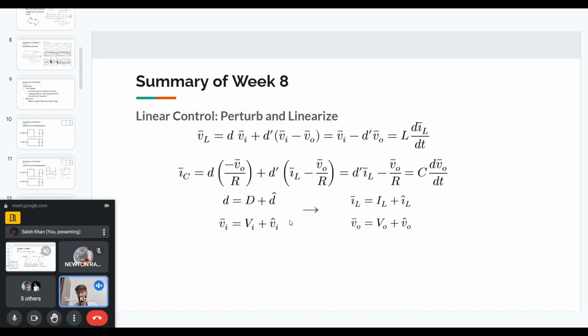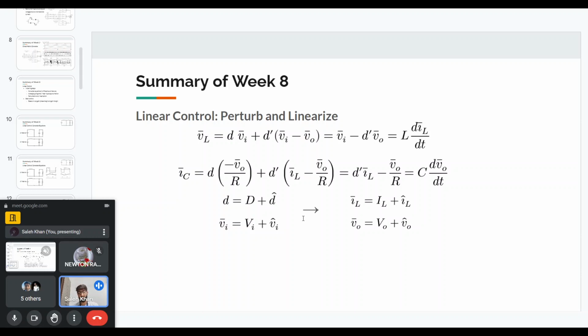You can imagine that if we have a quantity between 0 and 1, a decimal quantity, and I multiply it by another quantity between 0 and 1, the result will be smaller than the two individual quantities. That is how I can approximate and basically ignore the second order terms.